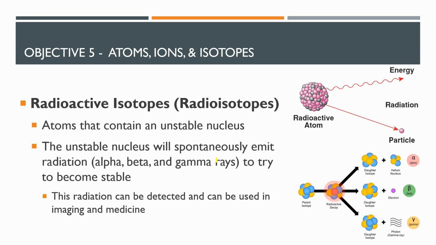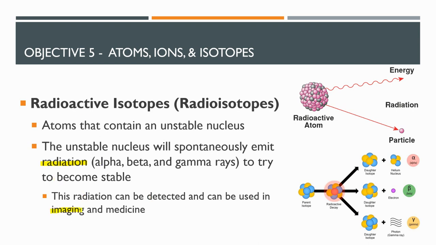These are what we call radioactive isotopes, or sometimes you'll see them referred to as radioisotopes. Essentially, when they give off those particles, they're emitting radiation. Radiation is just something that can be detected. It can be harmful, but we can also use it to our benefit.